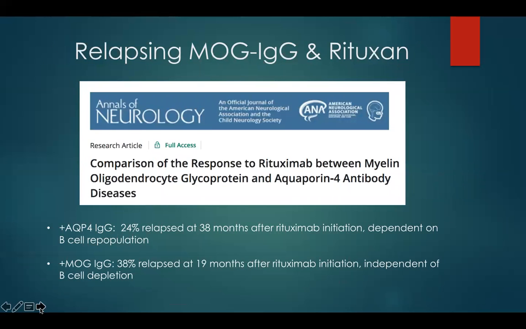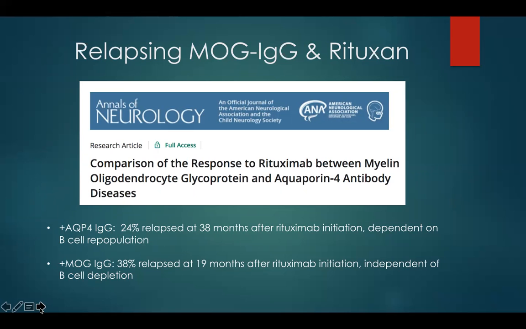So I bring this up because as an MS doctor, we know that Rituxan is very effective for both MS and NMO spectrum disease. However, it's not exactly clear how effective rituximab is in the treatment of anti-MOG disease.